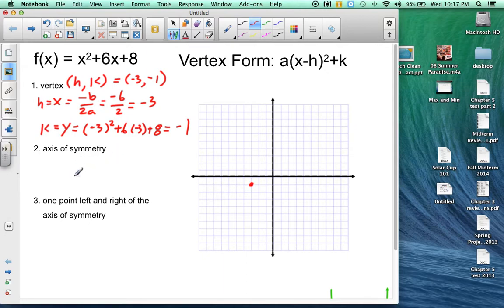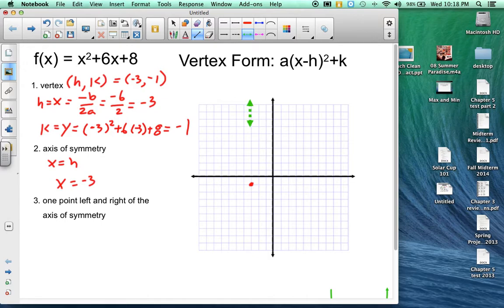What is the axis of symmetry? We said that the axis of symmetry is h. It is always going to be h. So x is equal to h. Or, in this case, x is equal to negative 3. So, we are going to draw my nice little line. We are going to draw an axis of symmetry.